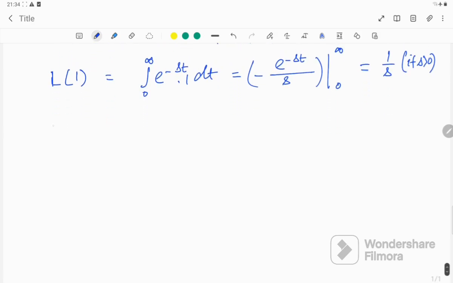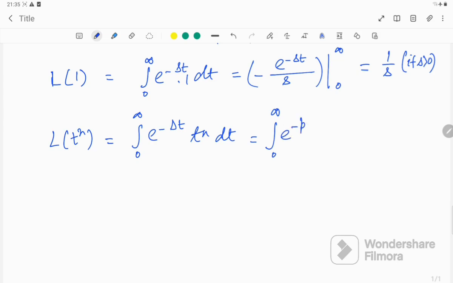Now if we check this Laplace transformation of t to the power n, what we can find, we can write like this. We can simplify this by assuming st as say p. So then we can write this.